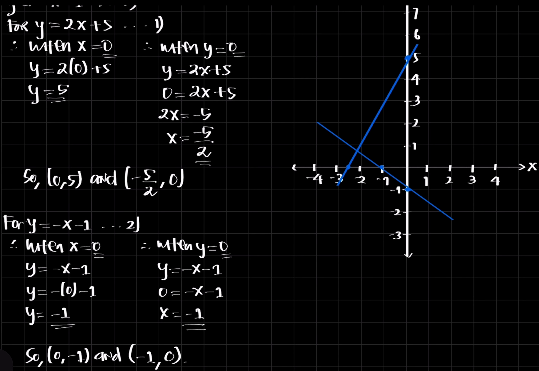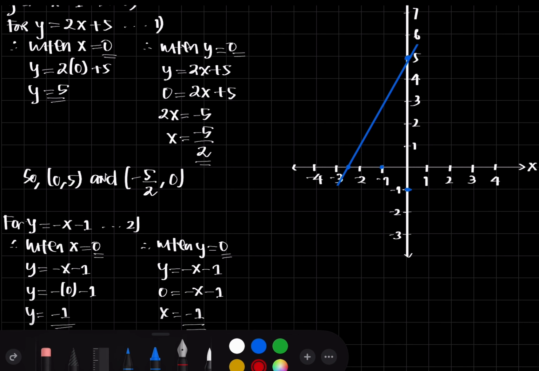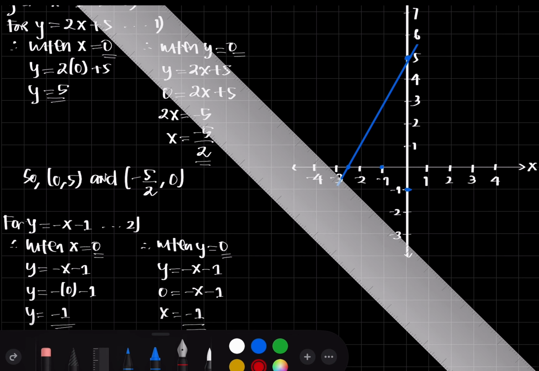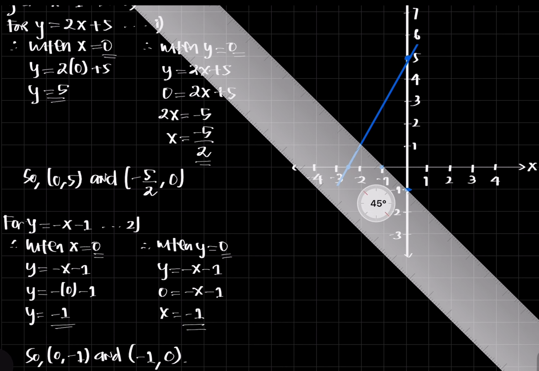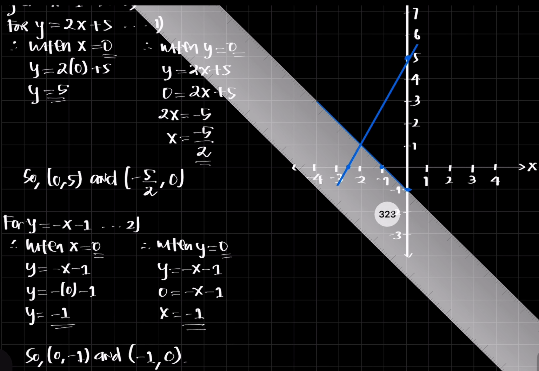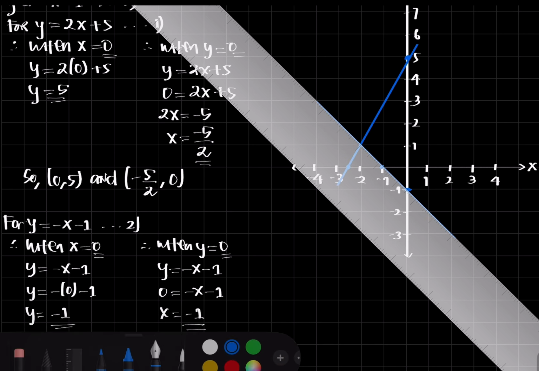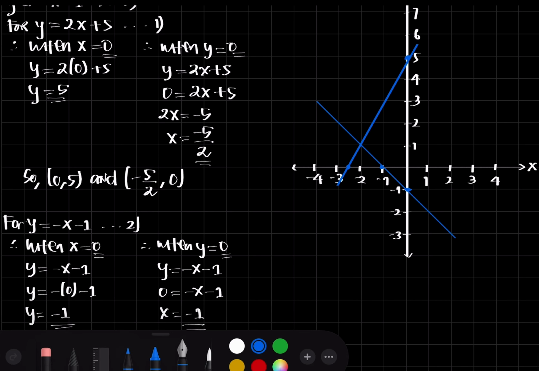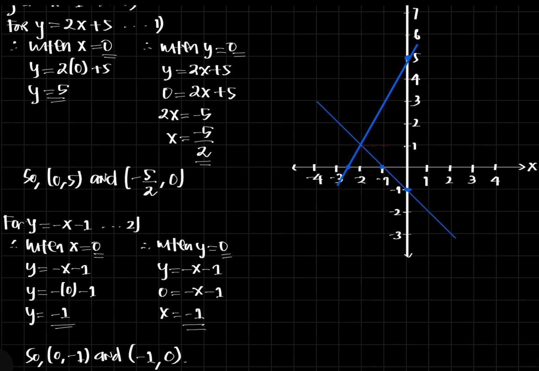I think it's better to use the ruler. There we go, that's the best one. So then it is going to be here. They meet here, and that is the intersection.